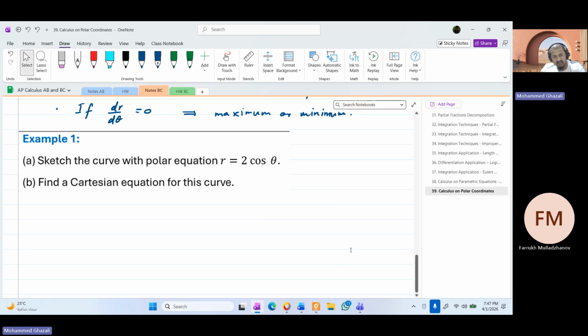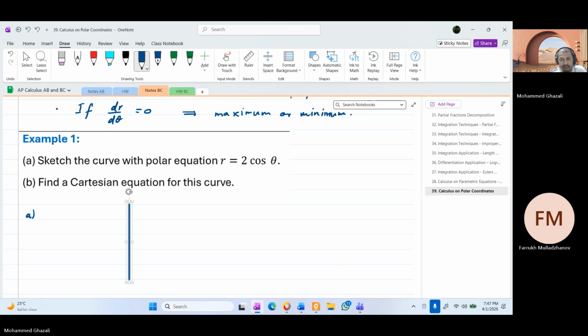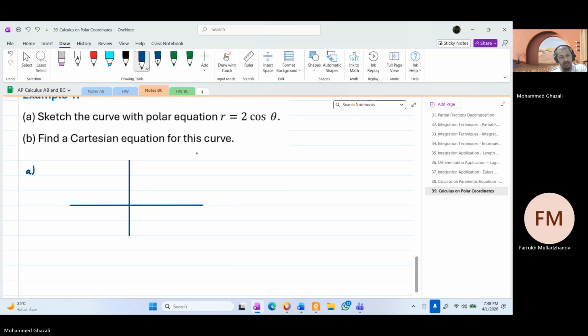Now, how do I go and sketch the graph of 2 cos theta? So part A. It is a basic cos graph with the amplitude 2.